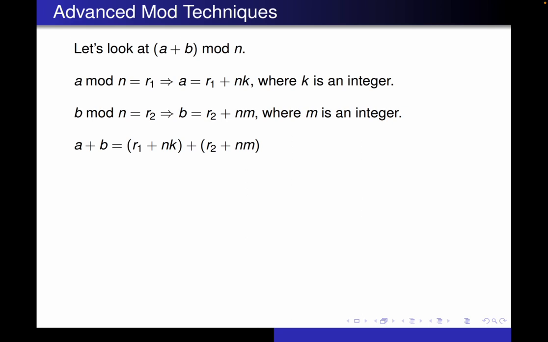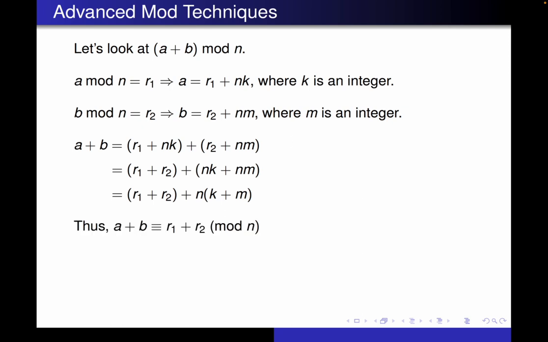If we put the remainders together and the multiples of n together as well, we get r1 plus r2 plus nk plus nm. Then we can factor out an n from that last part, and we get r1 plus r2 plus n times k plus m. And notice that is exactly the same as saying that a plus b is congruent to r1 plus r2 mod n, which means they have the exact same value when you use the mod operator, right?